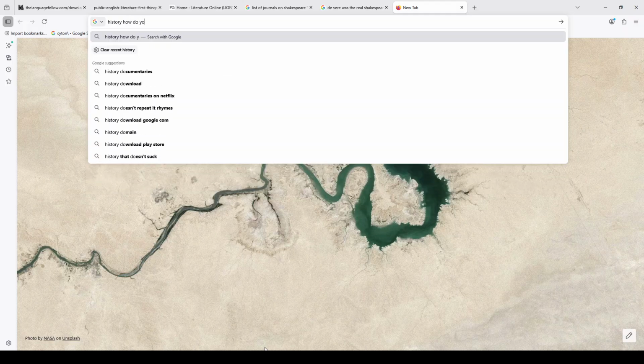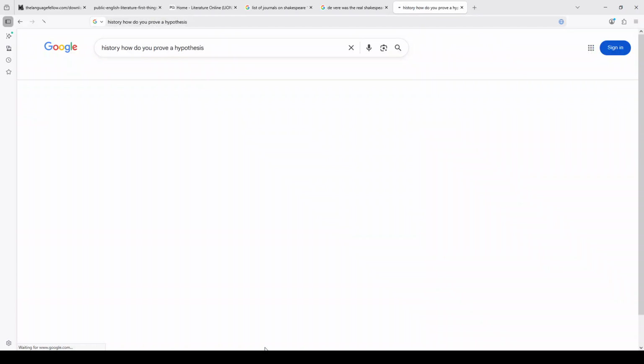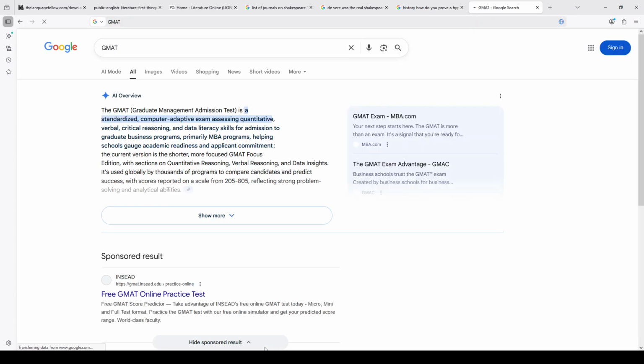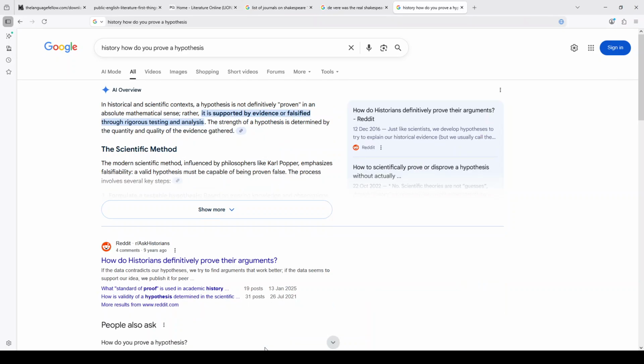How do you prove a hypothesis? That's where, and there is a question in GMAT, by the way. Anyway, there is at least one question in past GMAT papers, the GMAT Official Guide, if you come across it, about historical documents, how would you verify something is or is not the case, and so on.